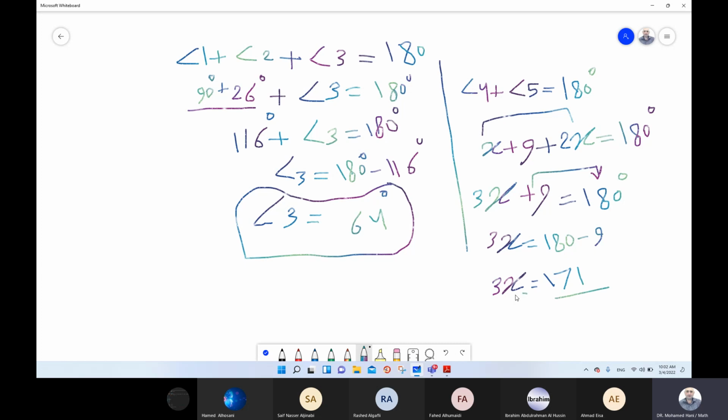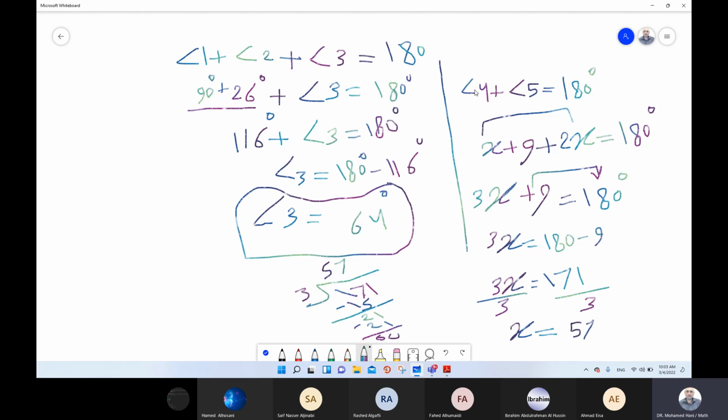So divide the two sides by 3. x equals, we can do long division here. 17 divided by 3 will be 5. 5 times 3 will be 15. 17 minus 15 will be 2. Take 1 down. 21 divided by 3 will be 7. 7 times 3 will be 21. 0, 0. So we know now the value of x will be 57.